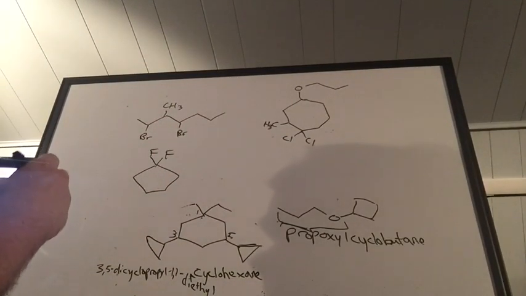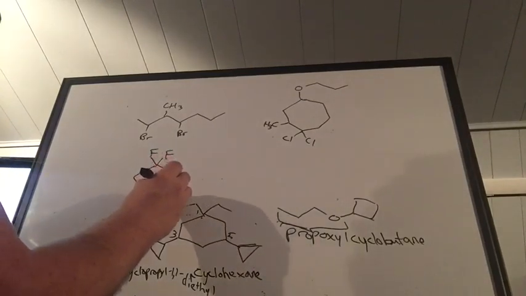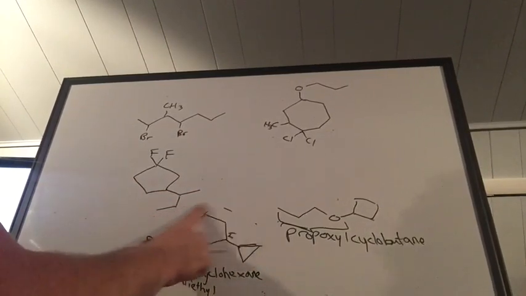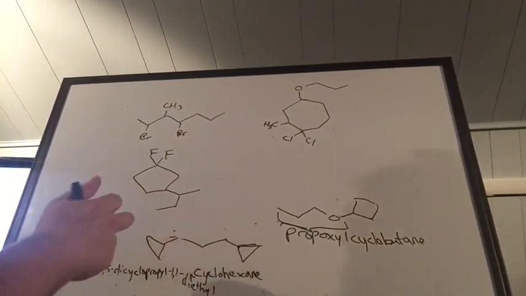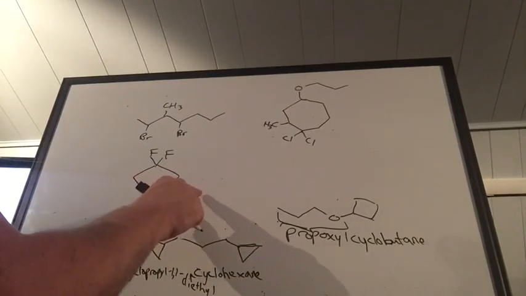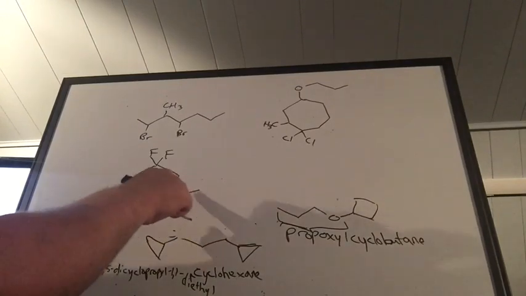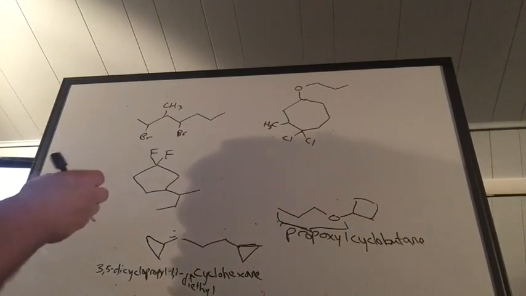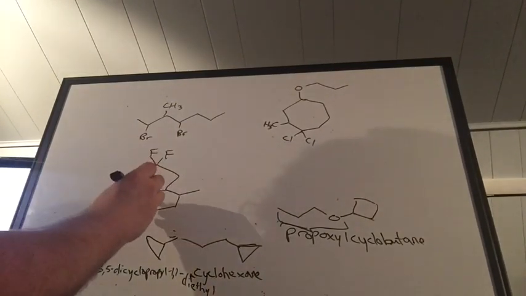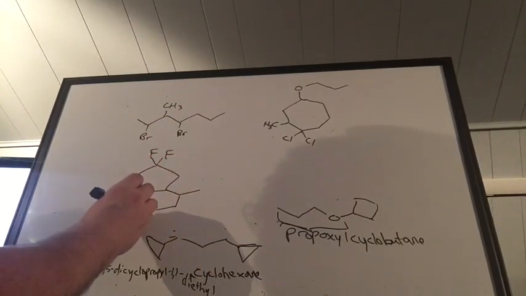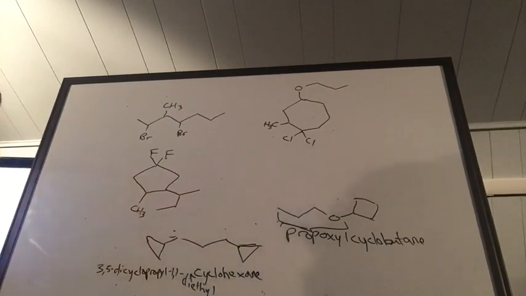Then we have 3-sec-butyl, so that means 1, 2, 3 is going to hang off of here. Doesn't matter what side that ethyl and then methyl group are going to be hanging off of here, because remember there's going to be some free rotation. We'll get into that later. Okay, and then 4-methyl, so that's going to be right here. Okay, so 1, 2, 3, 4. So there's where your methyl is. And that's pretty much it.